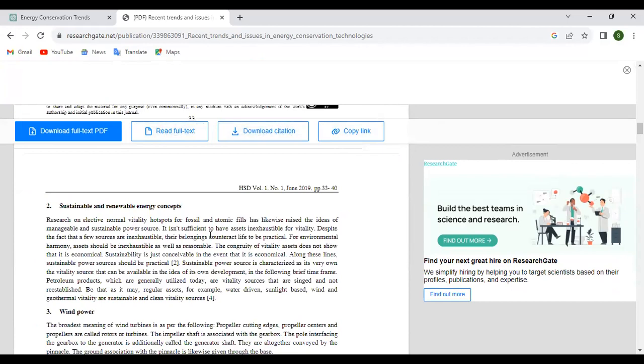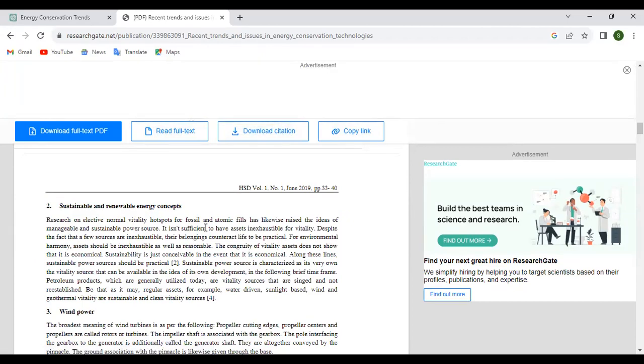As you see here, research on validating hotspots of fossil fuels and alternative fuels has likewise raised ideas on managed and sustainable power sources. It isn't sufficient to have such assets; new inexhaustible sources are needed, considering the environment and regional aspects.